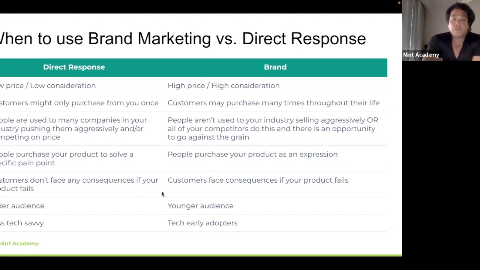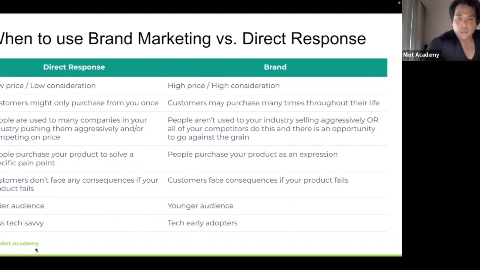In terms of consequences, if your product fails and there are no consequences, then you want to go on the direct response side. Whereas if there are consequences if your product fails, you probably want to go on the brand side of things.